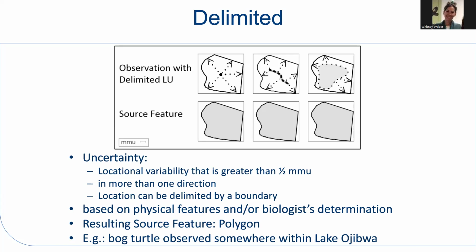So, for example, if we see a bog turtle observed somewhere within Lake Ojibwa, and we don't have any more information than that, then what we would do is we would map Lake Ojibwa, because we are reflecting that locational uncertainty of where it is within Lake Ojibwa within that source feature.